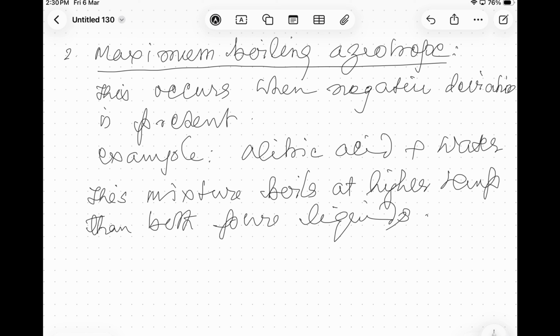We also discussed ideal solution, non-ideal solution, positive deviation, negative deviation, and finally azeotropes. Understanding these concepts is very important for the distillation process, chemical industry, etc. In the next video, I shall discuss colligative property and relative lowering of vapor pressure. Thank you.